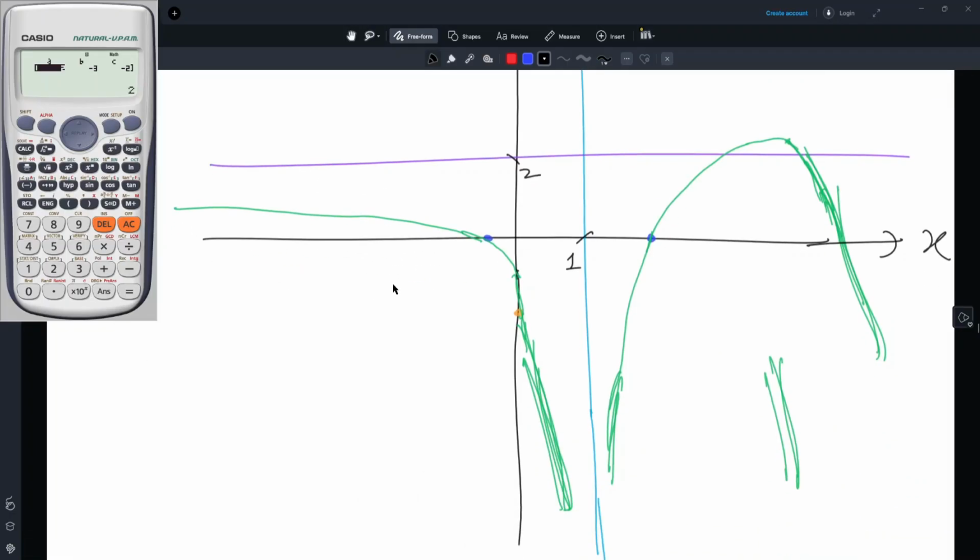Otherwise, this is supposed to be my curve. This is minus half, 0. This is 0, minus 2. This is 7 and 25 by 12. This is 2, 0. And this point, which goes to the asymptote, happens to be something different.